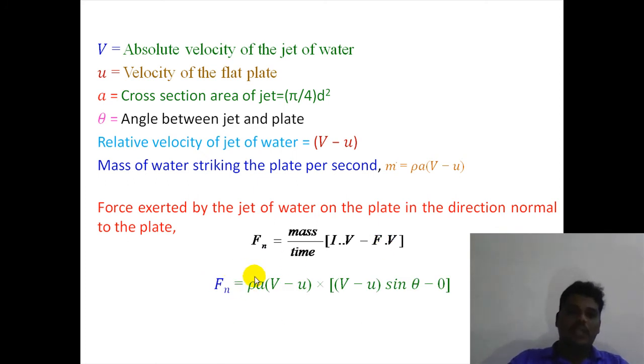Initial velocity is v minus u sin theta, and final velocity remains 0.